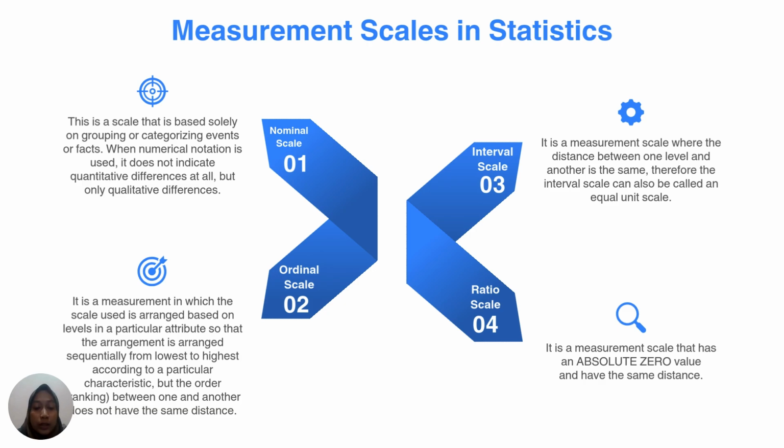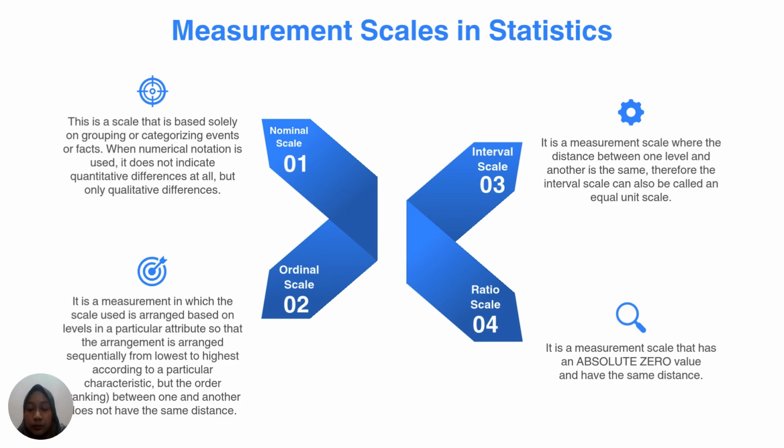The second, ordinal scale. It is a measurement in which the scale is arranged based on levels of a particular attribute, so that the arrangement runs sequentially from lowest to highest according to a particular characteristic. But the order or rank between one and another does not have the same distance.